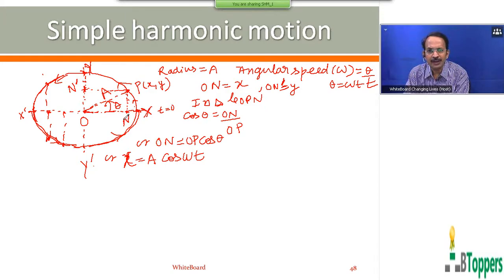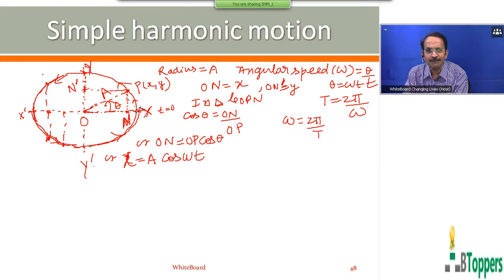That means the time period of oscillation for the projection of the particle on one of the diameters is the same as the time period of revolution of the particle moving in the circular path, which is given by 2 pi by omega. For the particle moving in the circular path, we can write omega equal to 2 pi by capital T, or T equal to 2 pi by omega. T is the time period of revolution of the particle moving in the circular path.